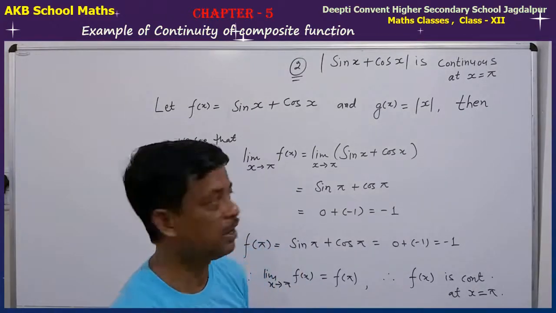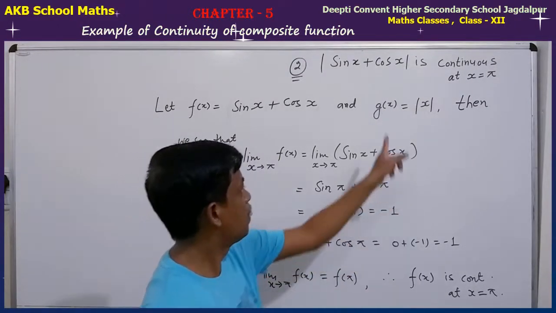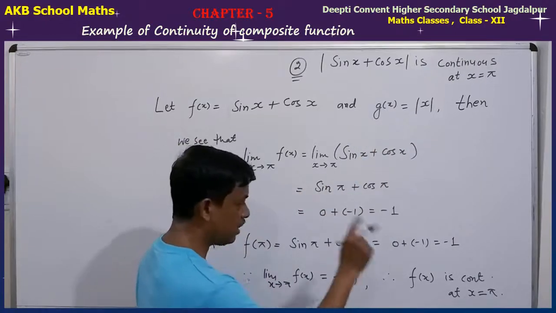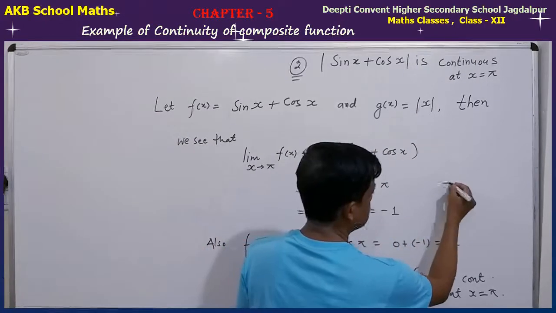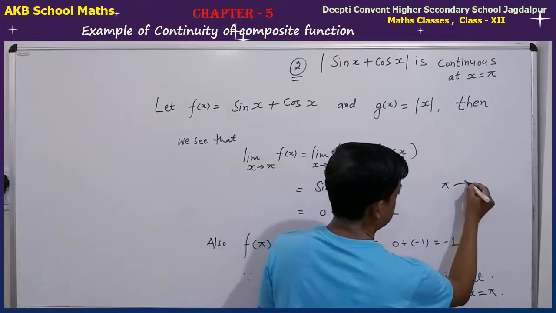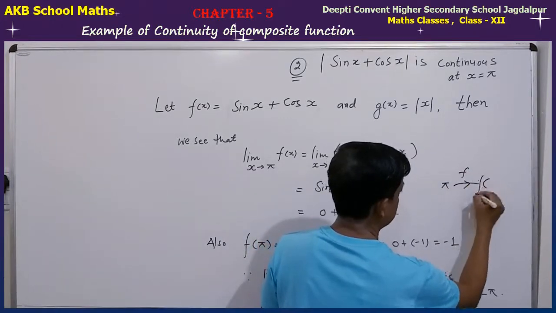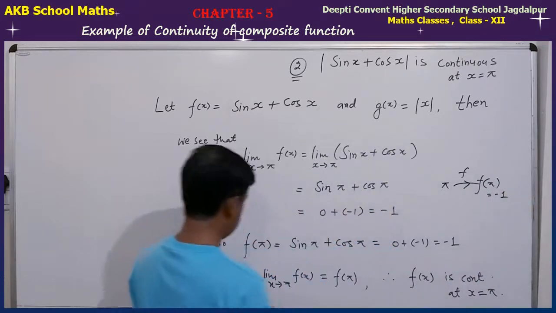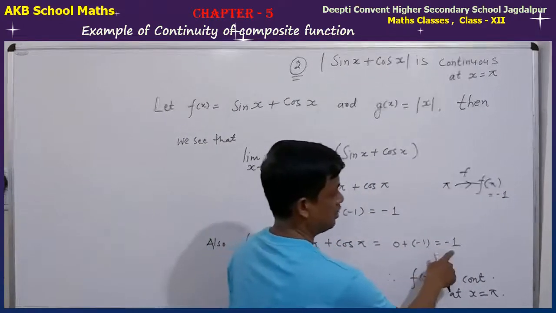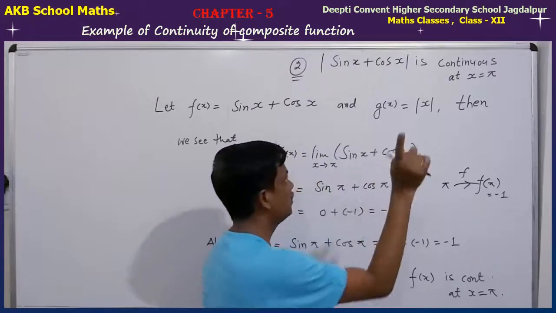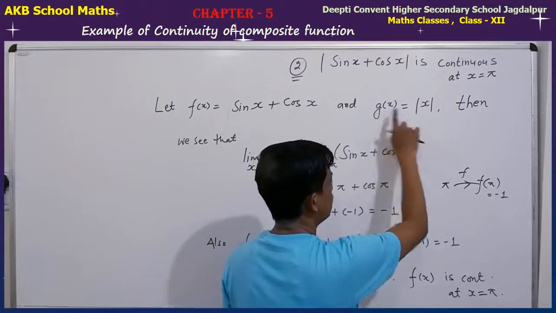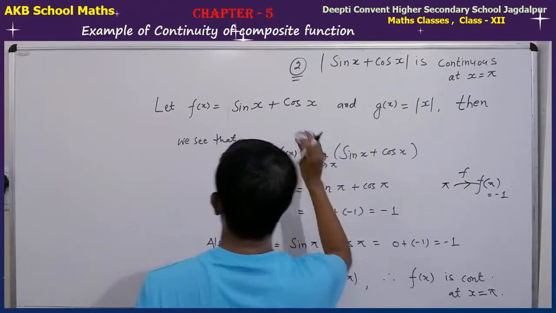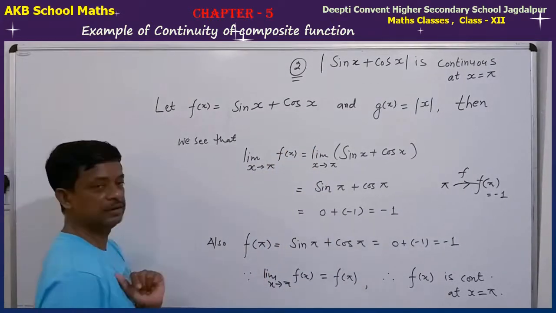Now the second part is we have to show that g(x) is continuous at f(pi), because the image of pi under f is f(pi), and f(pi) equals minus 1. That is, we have to show that g(x) is continuous at minus 1. Okay, now, second part.